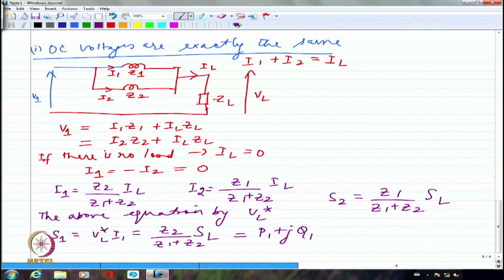So I should be able to get how exactly the apparent powers are divided between the two transformers, provided I know the impedances. If I have, let us say, two 1 kVA transformers, 1 kVA plus 1 kVA, and a 1.5 kVA load coming up, I would like both of them to share that load equally. I want them to take 0.75 each, rather than one of them taking 1 and the other taking 0.5.